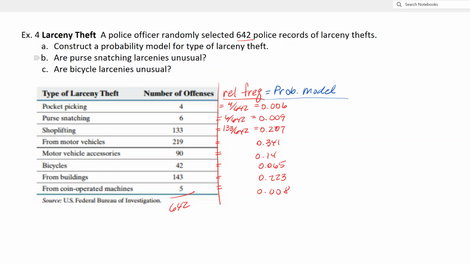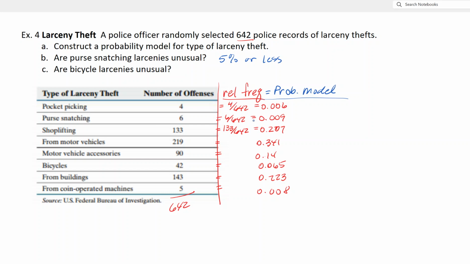Now for the second part of this question, we're asked to identify whether or not purse snatching was unusual. So is the probability of someone committing this theft by purse snatching an unusual event? We've defined unusual before: anything that is 5% or less is considered unusual.